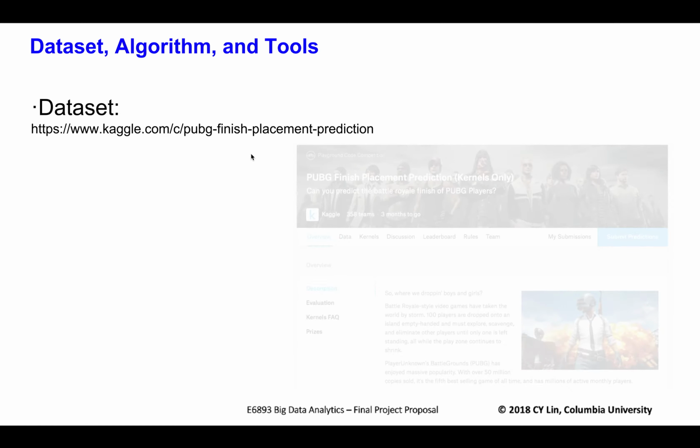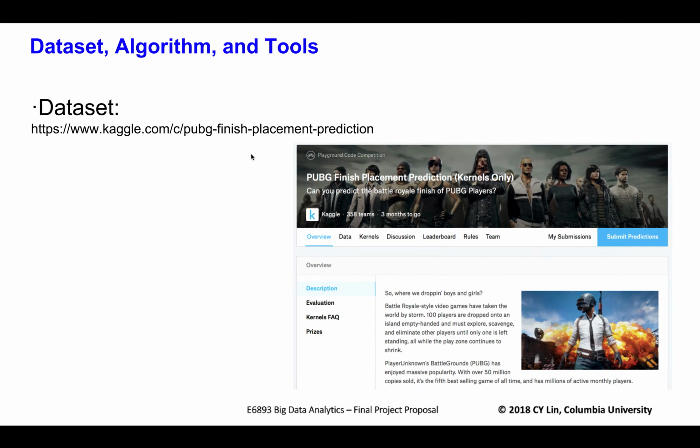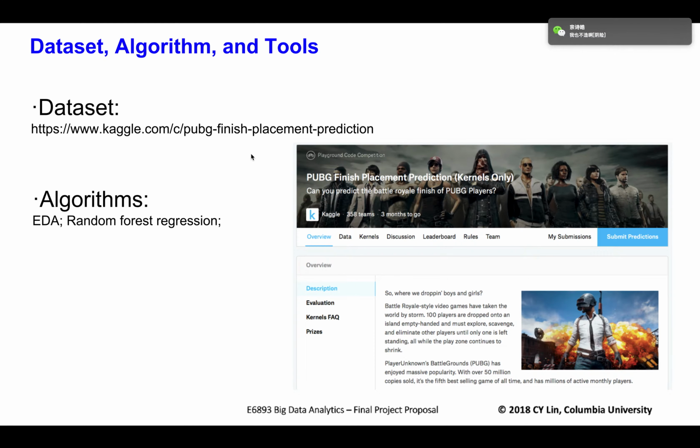We use a dataset from Kaggle. It contains more than 4 million rows of data with 29 features. About the algorithms, first we will do exploratory data analysis to help us find some features for data processing and also get conclusions.